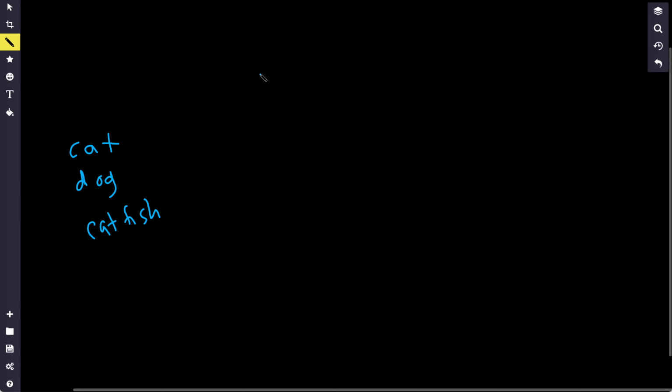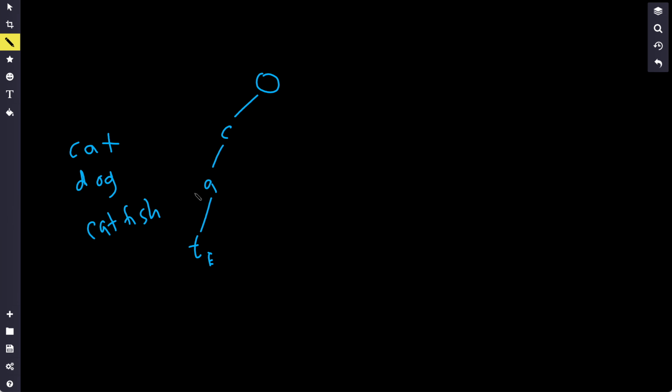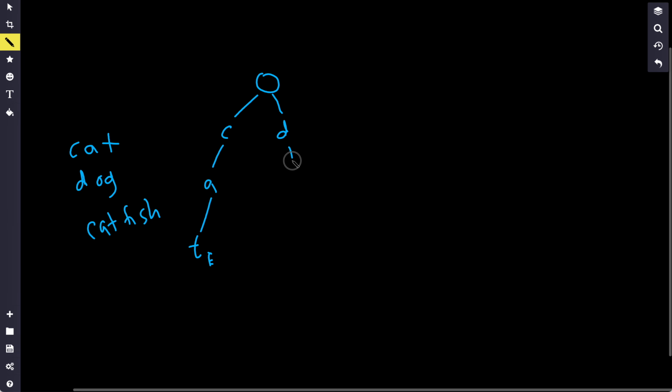So we'll have our root TrieNode here, right? Which when we insert cat, we'll say, okay, C, A, T, right? And we'll mark this as an ending word, right? So we'll mark this letter as that we've ended a word over here at the T node. Then when we insert dog, we'll say D, O, G, and we'll mark the G as the end of the word.